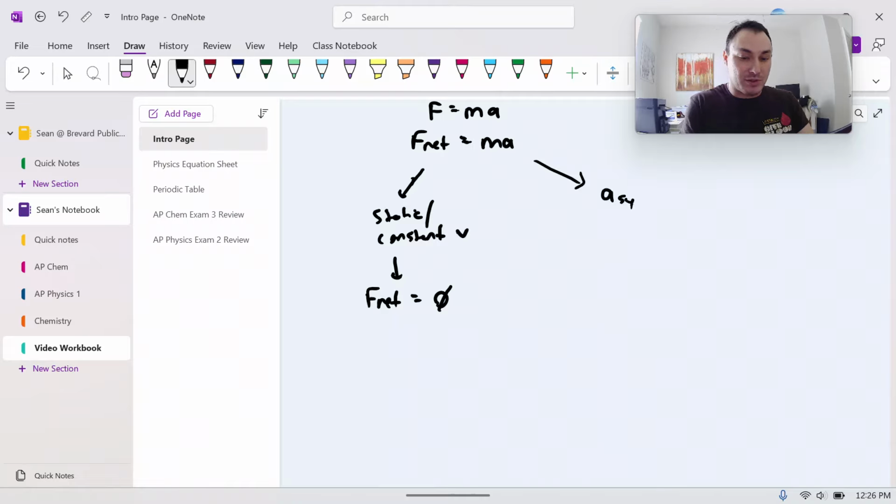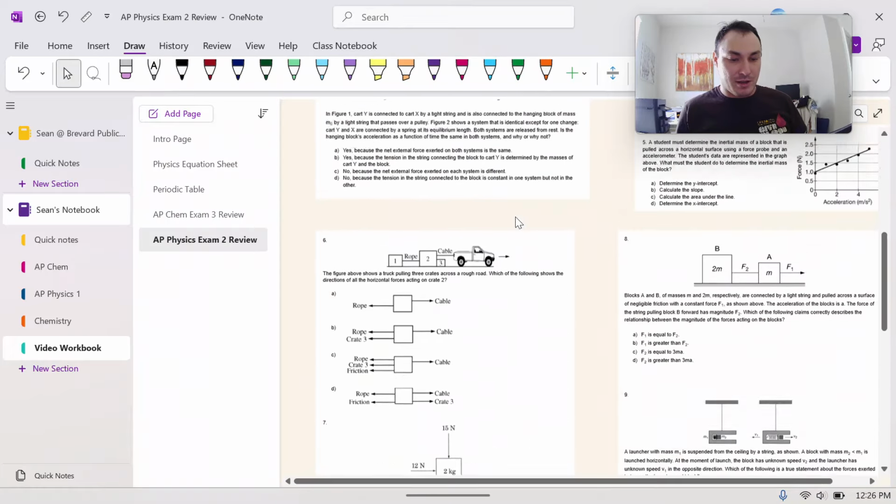The acceleration of the system is equal to the net force: pick a direction as positive, all the forces in that direction minus all the forces in the other direction, divided by the mass of the system. If you understand how to apply that, then this unit really just turns into, can you put forces correctly on a free body diagram? That's the hard part of this unit. Can you apply a force correctly? So with that out of the way, let's actually get into the review.